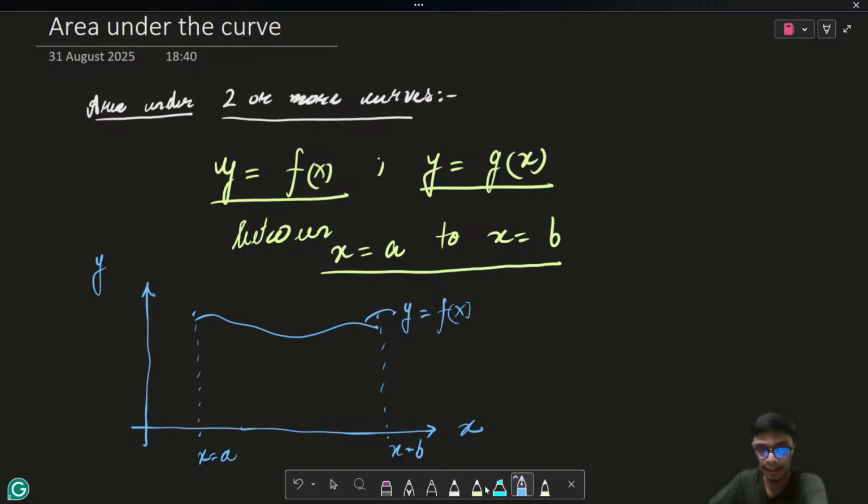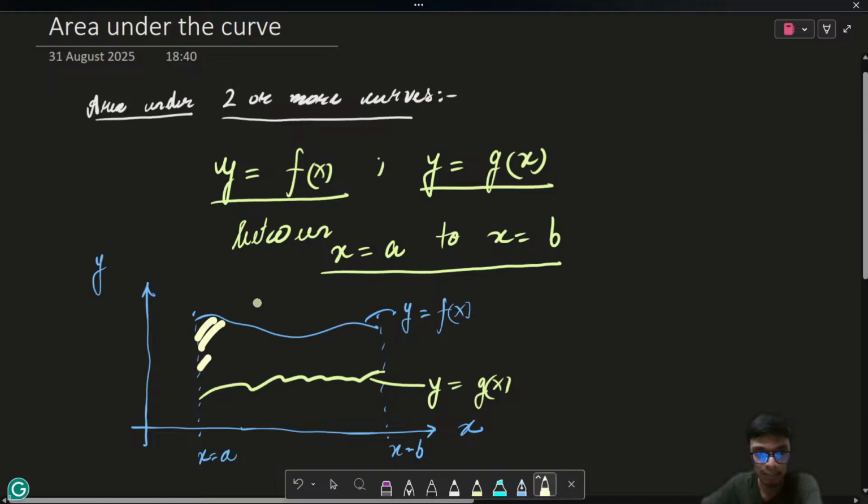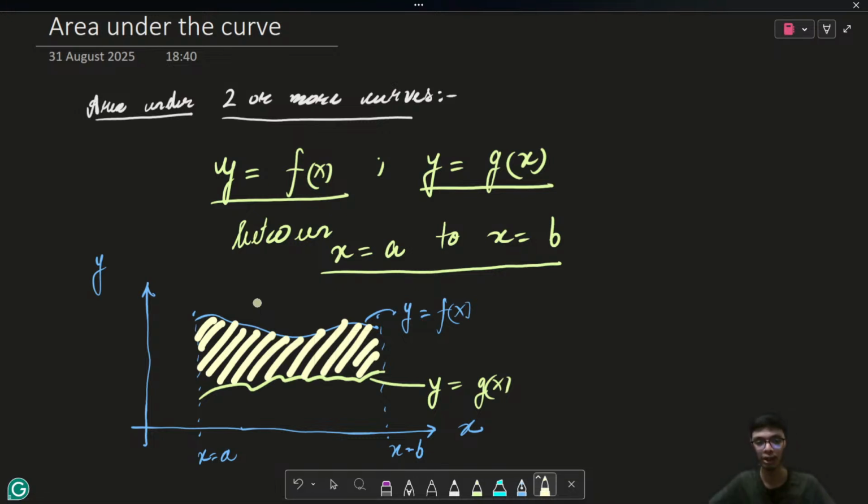And let us say this is my second function, any arbitrary function like this, y is equal to g of x, right? I want to find the area bounded by these two curves, the area enclosed between these two curves within the lines x equals a to x equals b, right?